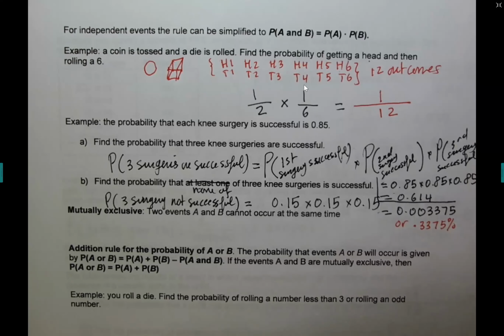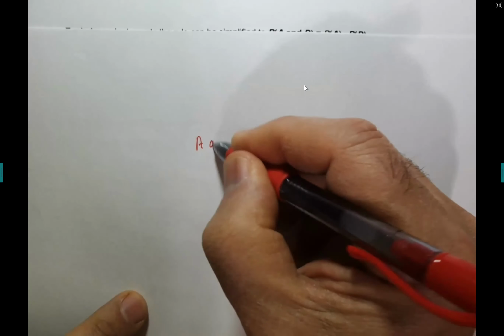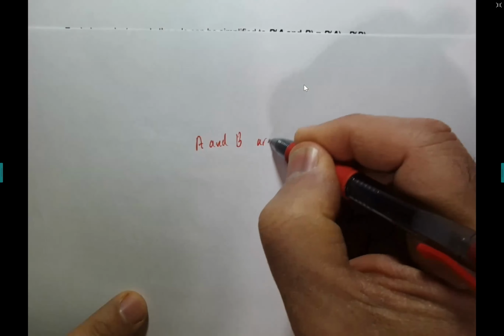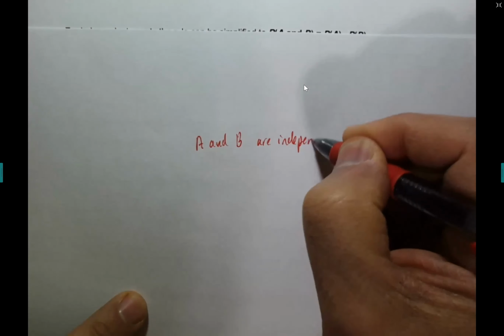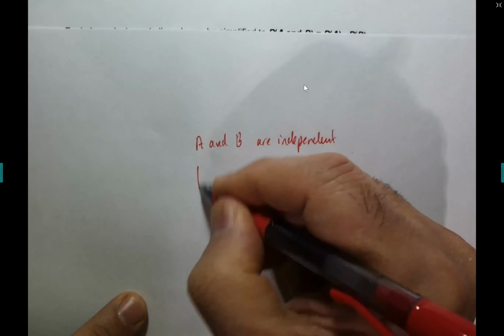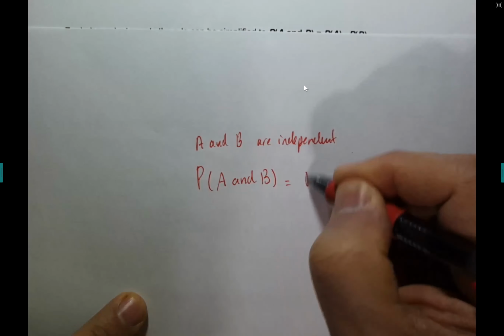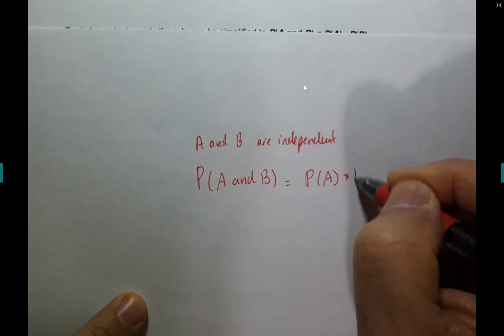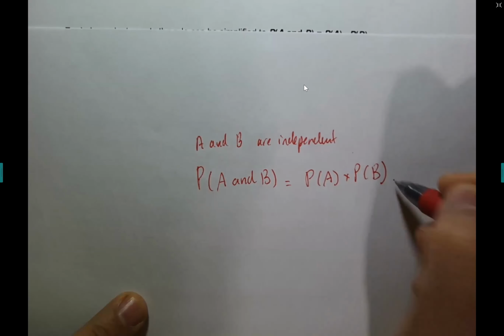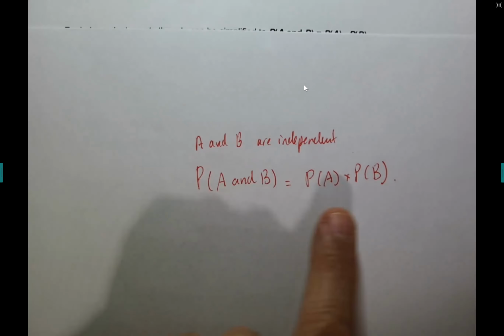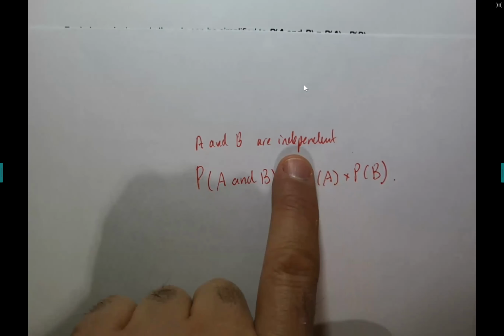So for independent events, guys, all I want you to know is this: if I tell you A and B are independent, and I ask you to find the probability of A and B, then you tell me it is the probability of A times the probability of B. This formula is only valid if the events are independent.